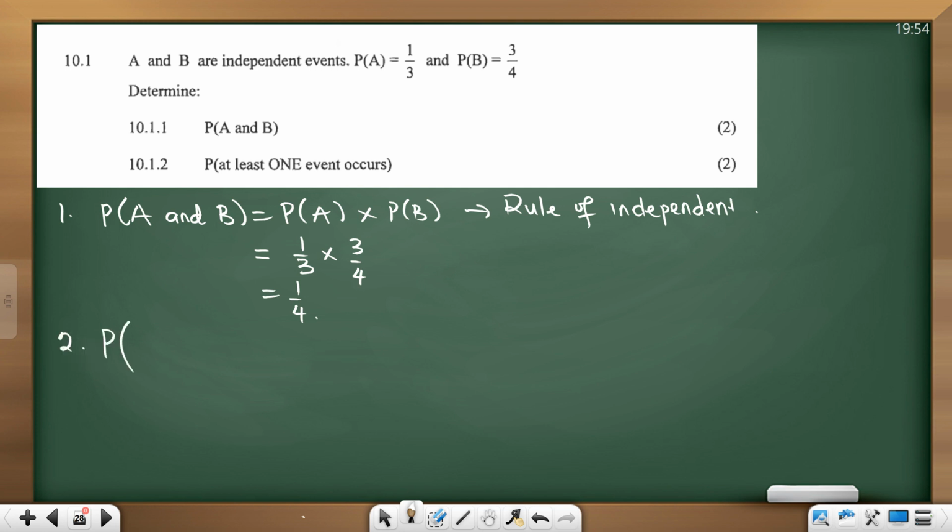Probability of at least one event. It means A or B. At least one event occurs: A is occurring or B is occurring.